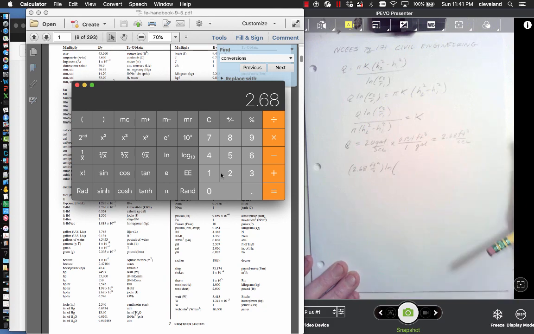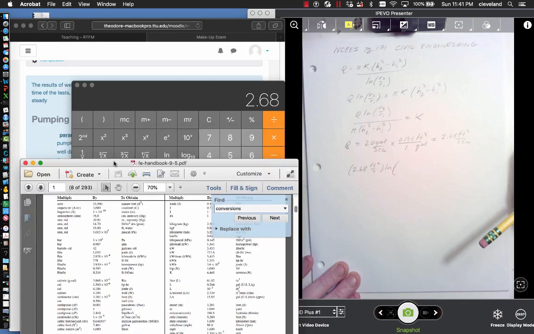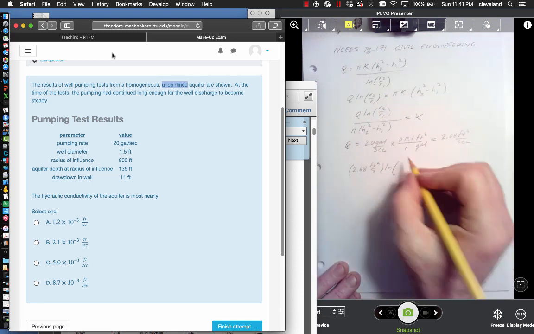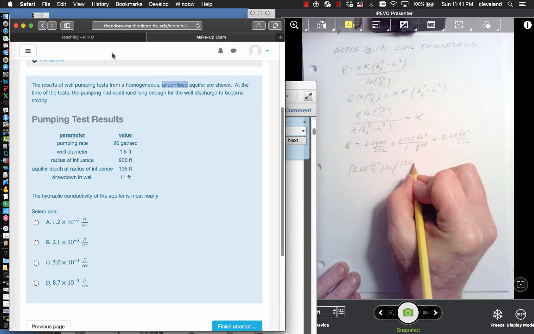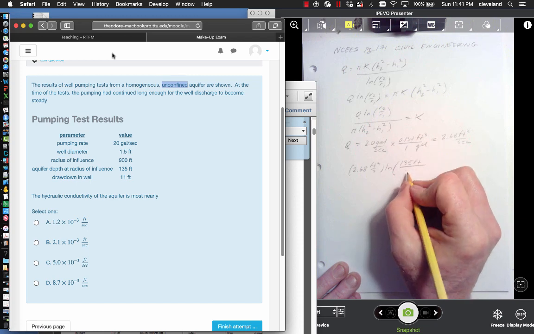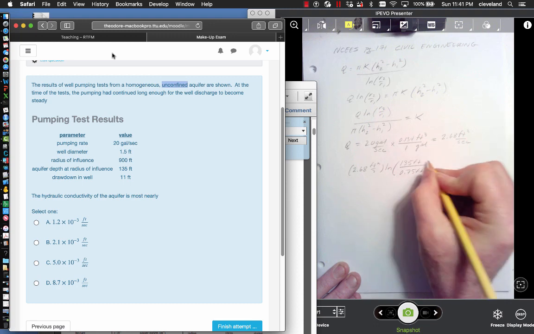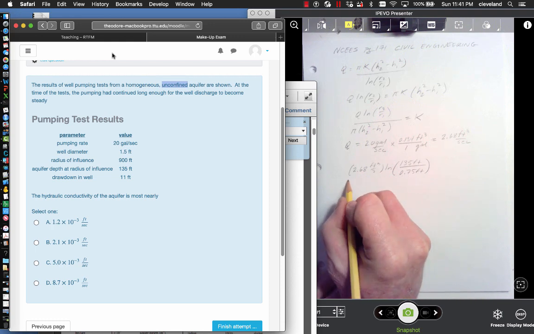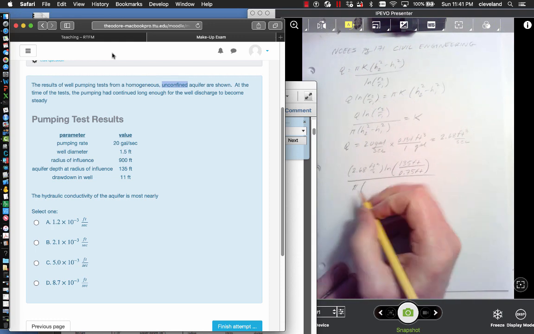Natural log, R2 is 900 feet. R1 is the radius of the well, diameter 1.5 feet, half of 1.5 is 0.75 feet, divided by pi.